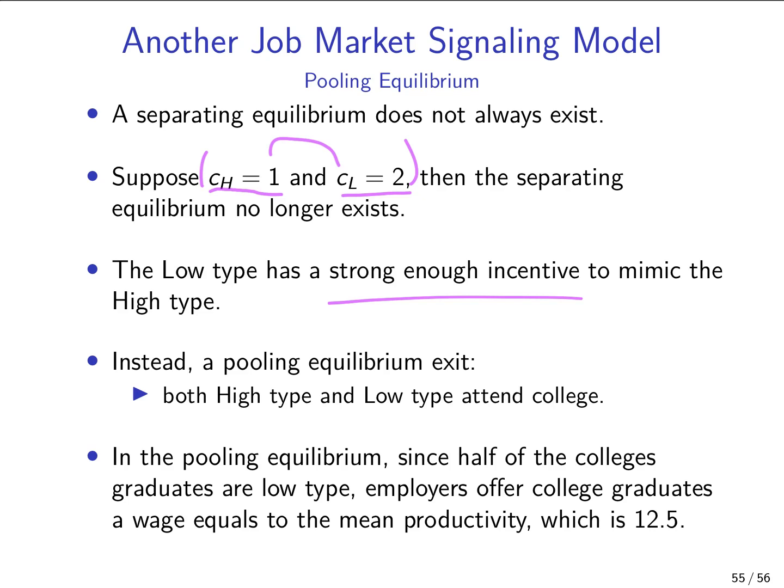In the pooling equilibrium, since half of the college graduates are low types, the employer would offer the expected wage, which is 12.5, equal to half times 15 plus half times 10. So that's the pooling equilibrium with no functional signal.